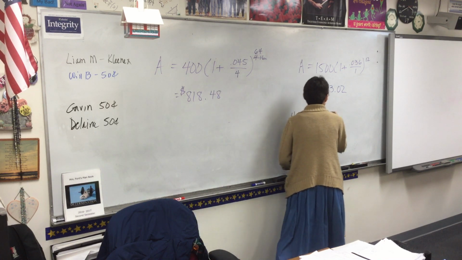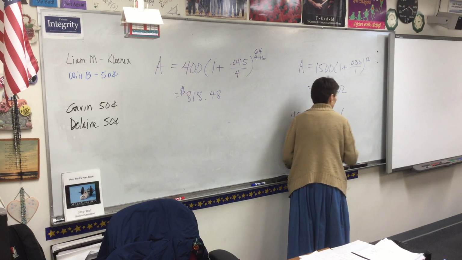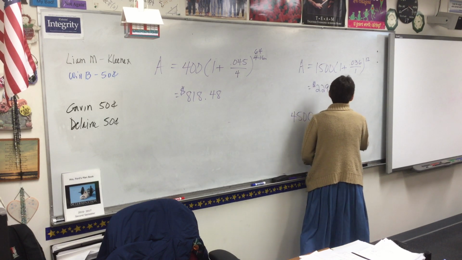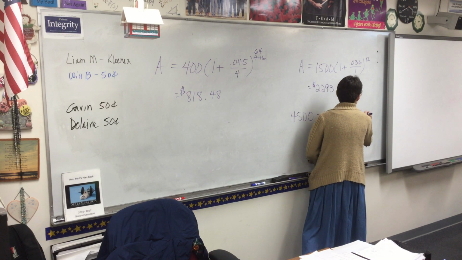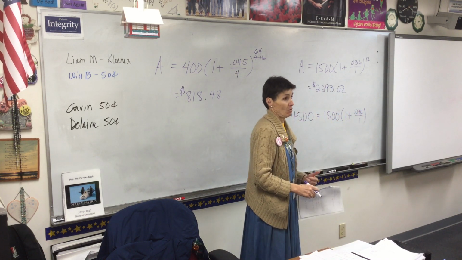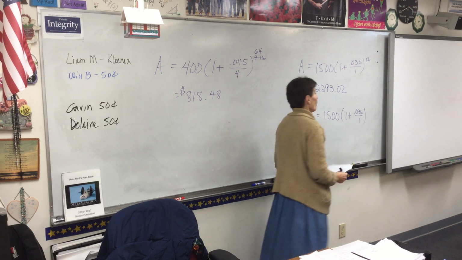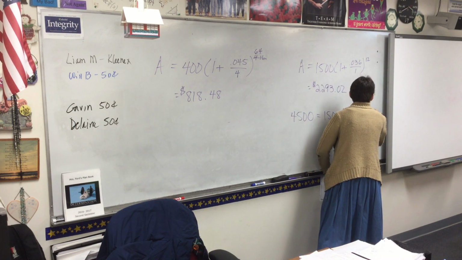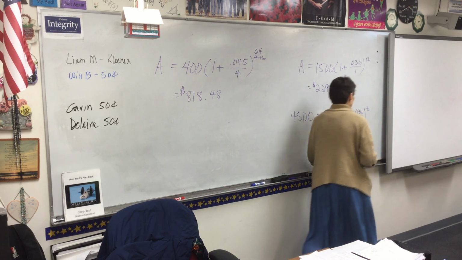We know we're starting with $1,500. We know our interest rate is 0.036 compounded annually. What do we not know? How many years? We don't know this up here, so I'll just call that T.